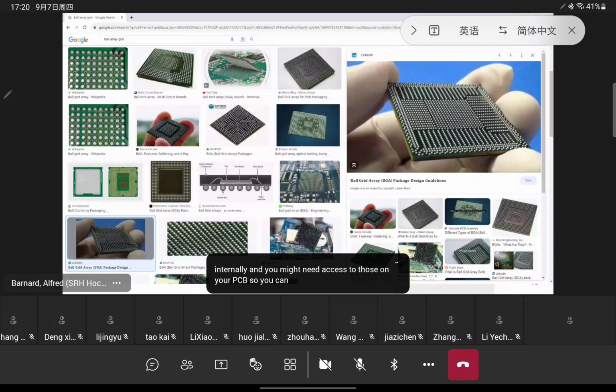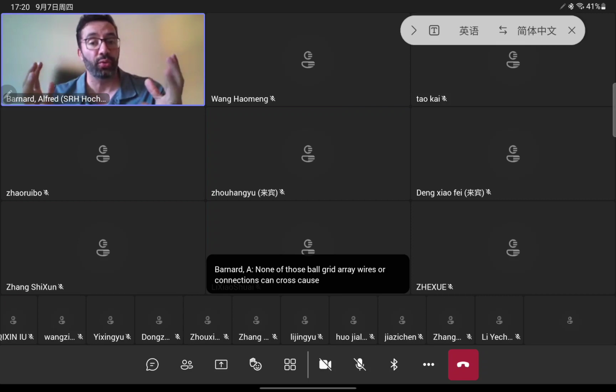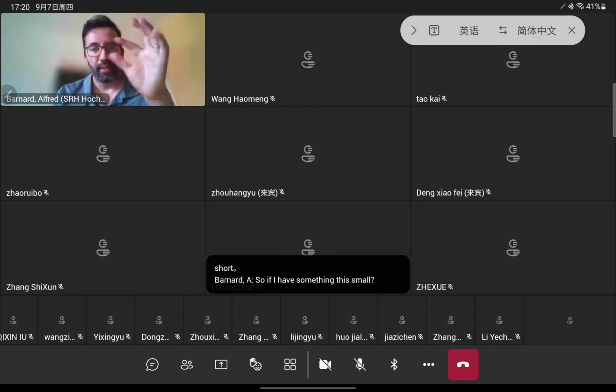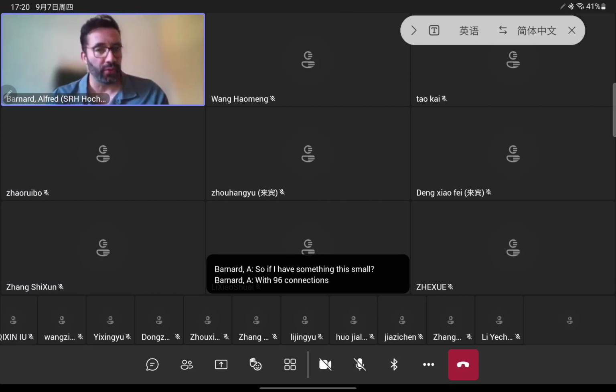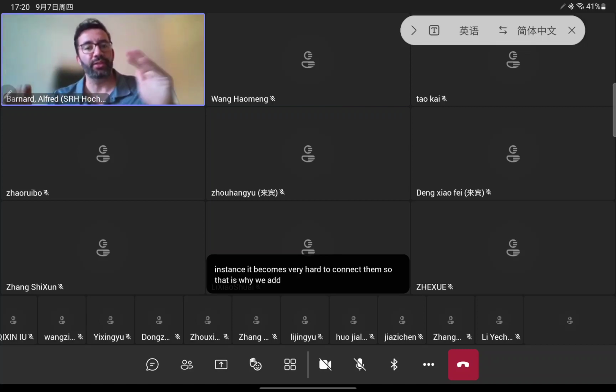So you can imagine all of these have to be unique connections. None of those ball grid array wires or connections can cross, because then you cause a short. So if I have something this small with 96 connections at the back, for instance, it becomes very hard to connect them. So that is why we add in multiple layers.